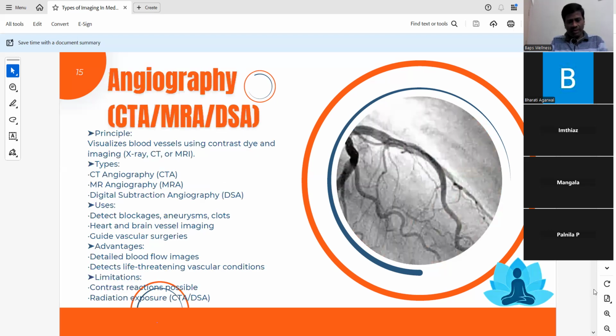Next one is angiography. Angiography, it's very common. This can be used combining CT or MR or digital subtraction, to visualize the blood vessels by using contrast dye and then imaging using either X-ray or CT or MRI.